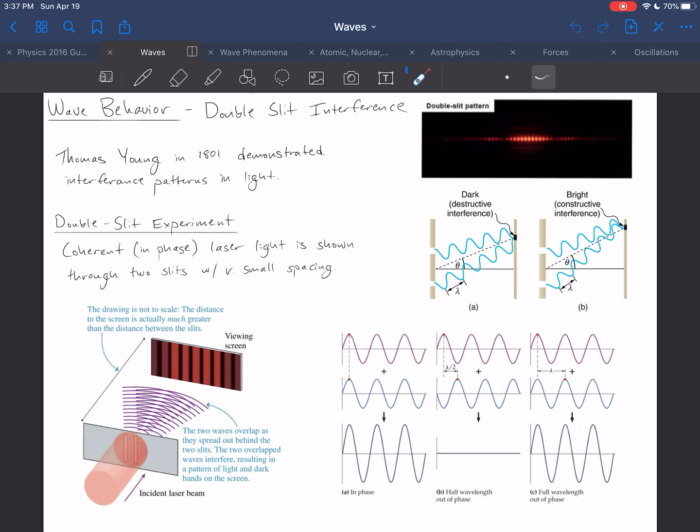Remember, those slits are very small and close together, so that light is covering the whole area where those slits are. Then what happens is that the light basically comes from both slits independently. It's as if you had two tiny lasers right next to each other. And each of them produces outgoing wave fronts that spread out.